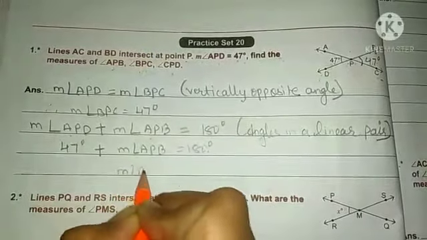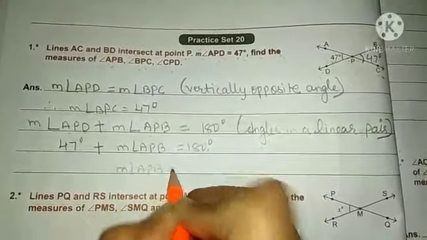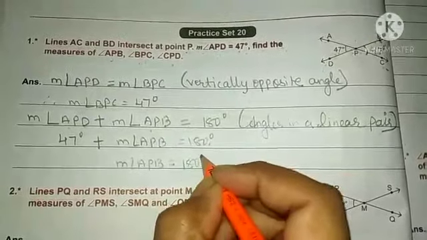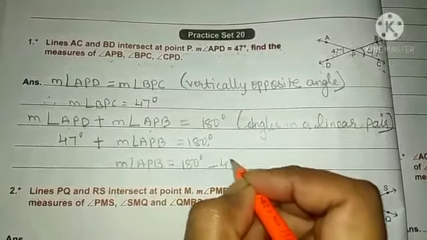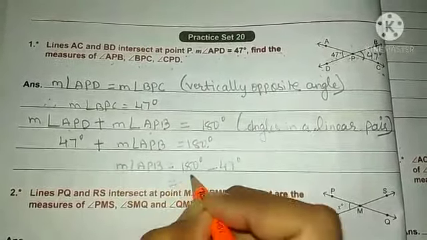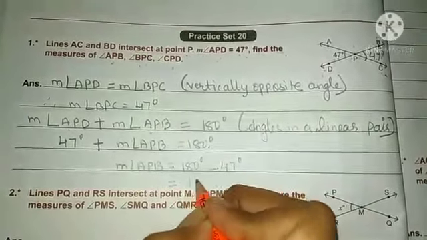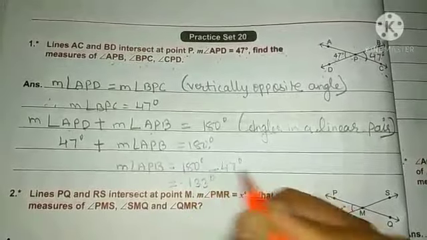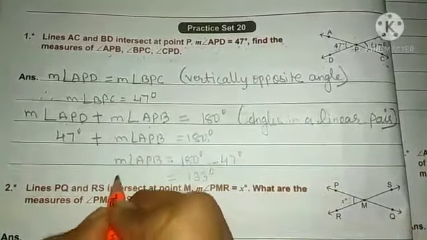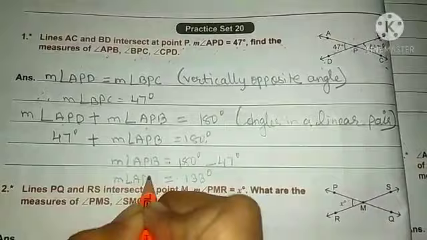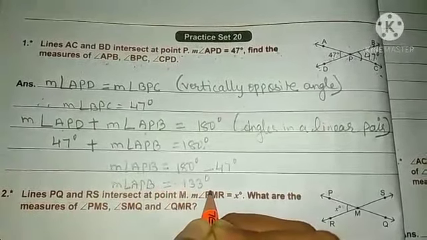So what you will get over here? You will get 180 degree minus 47 degree. So what you will get? If you will subtract 47 from 180, you will get 133 degree. Understood? So here measure of angle APB is 133 degree.